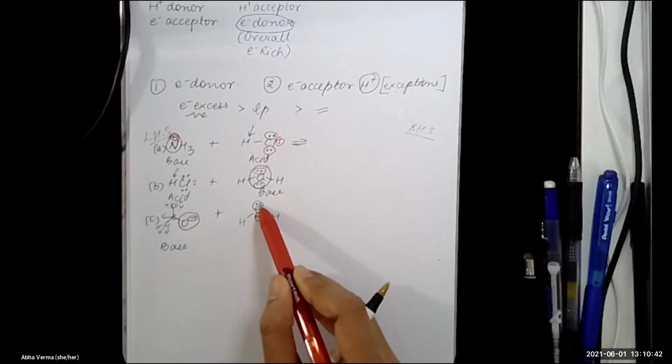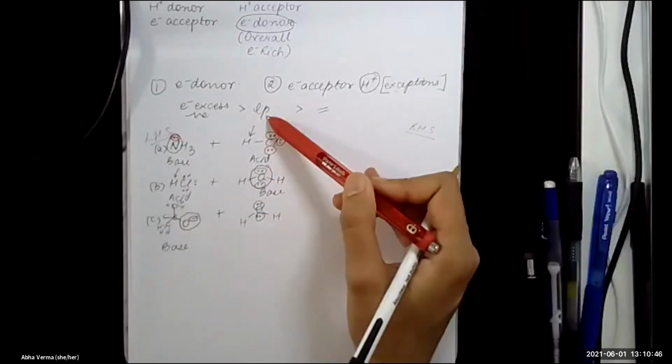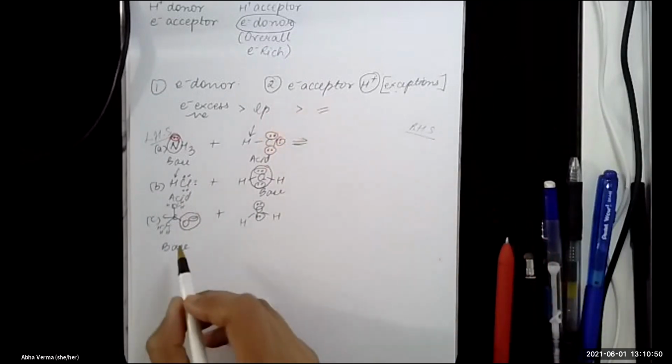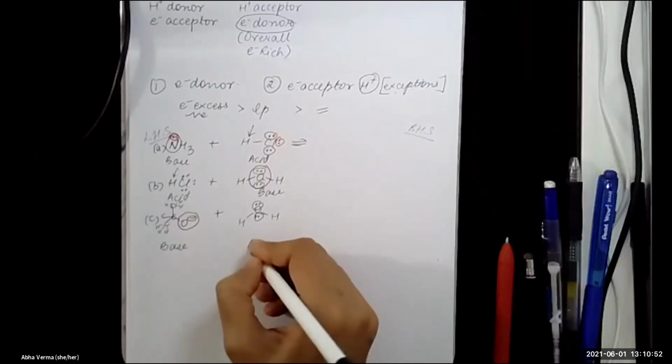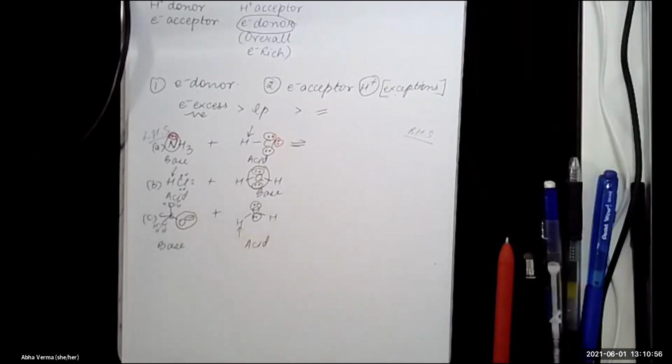Even though the lone pairs are available, lone pairs are a little less strength of electron donation. So this is your base, this is your acid, and either of these hydrogens can be your acidic hydrogen.